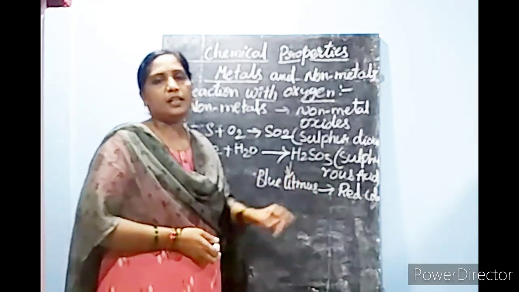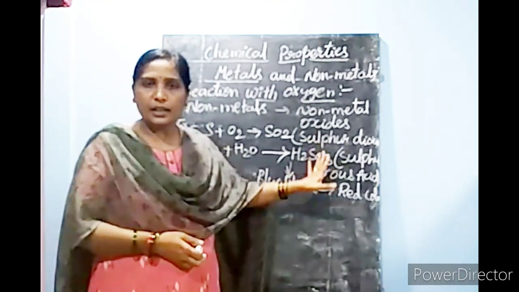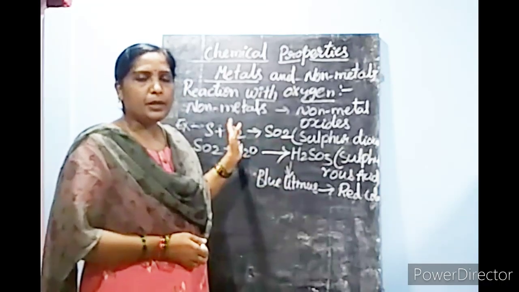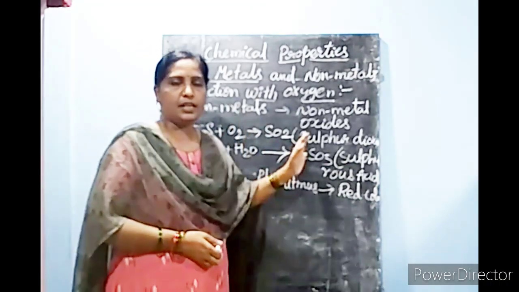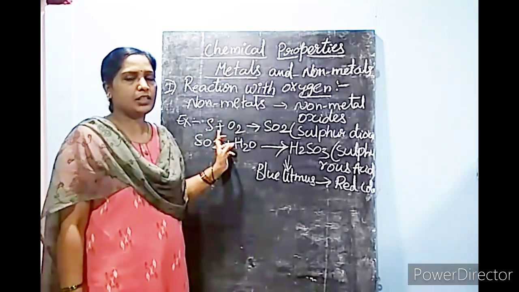When we test this sulfurous acid with litmus paper, the blue litmus paper turns red. So this is the indication that non-metal oxides are acidic in nature.